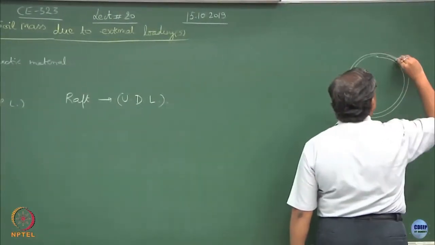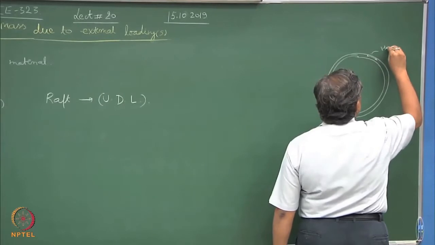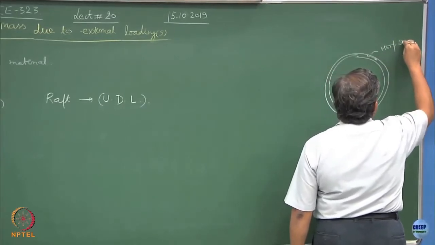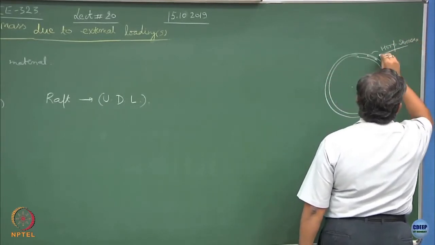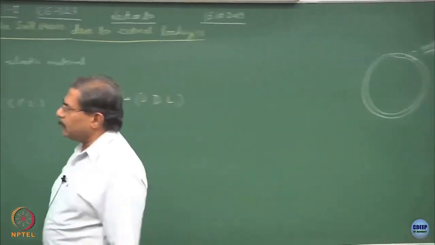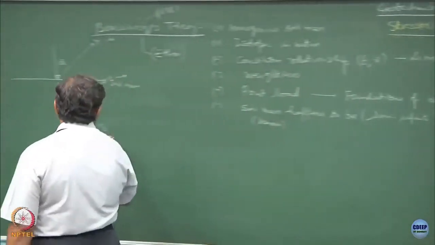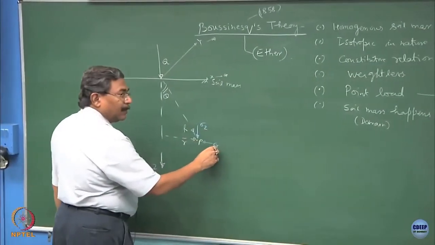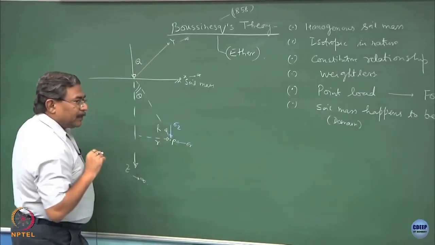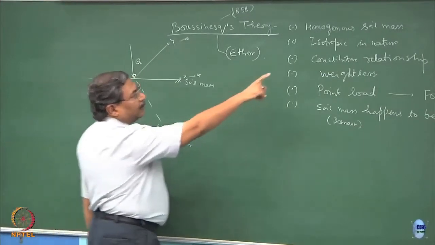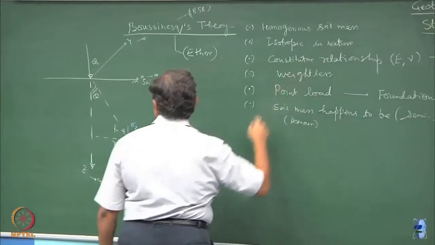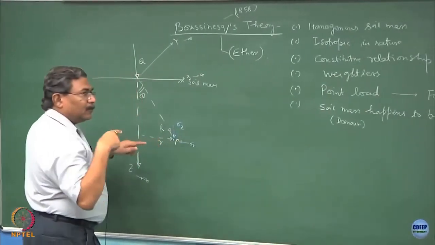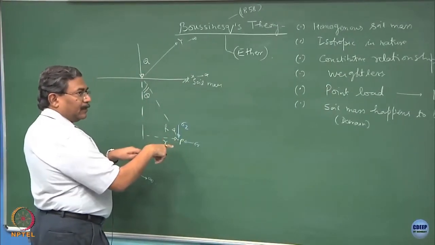These are the hoop stresses. So, we have sigma z, we have sigma r. There could be a stress in the other direction also, but because I have assumed this to be isotropic, sigma z is equal to sigma y, clear.